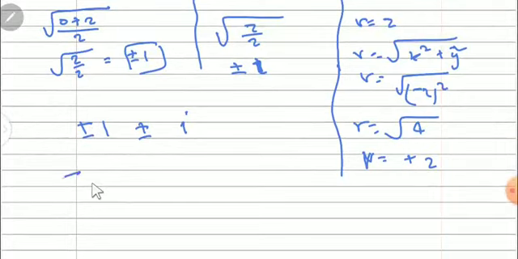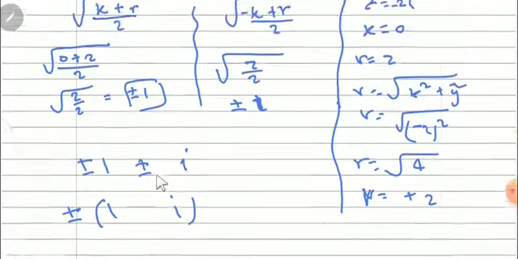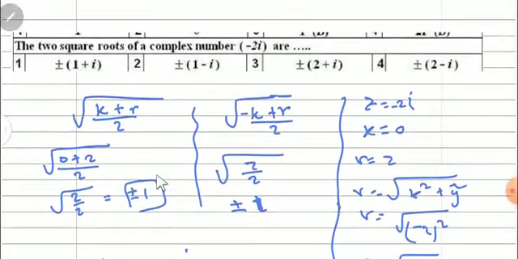We don't finish yet. So take positive and negative here, and this is 1 still here, this is i still here, and what's the sign here? The sign here is the same sign as the imaginary part in the main problem, in the main number. Where's the main number? This z equals negative 2i, and this is the imaginary part.